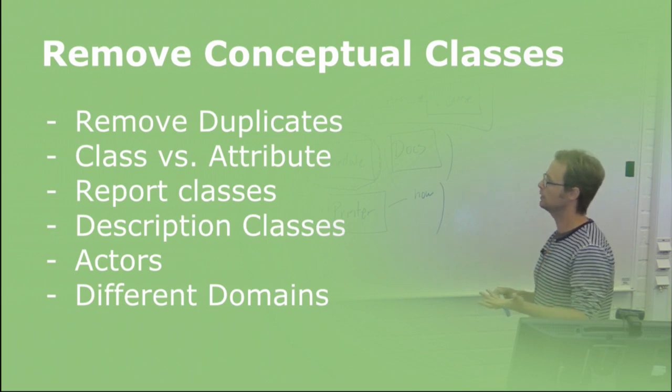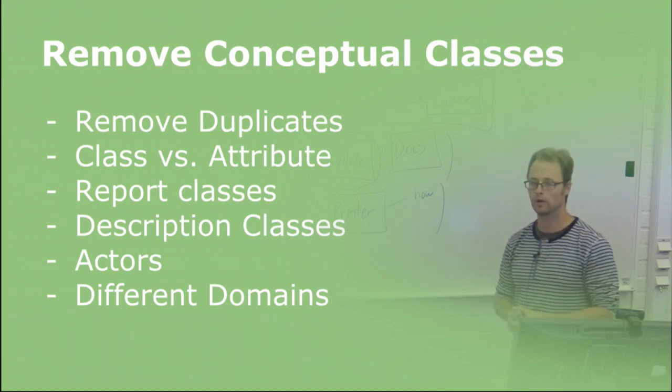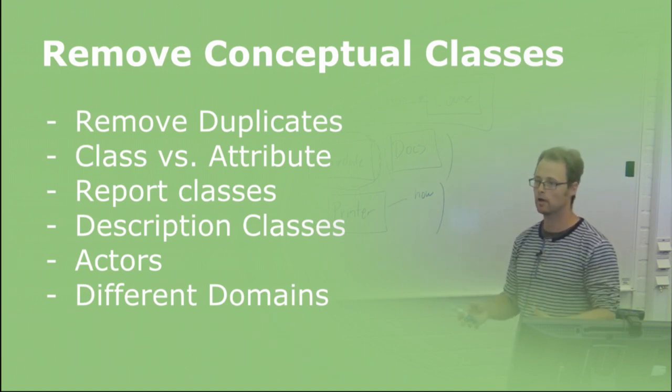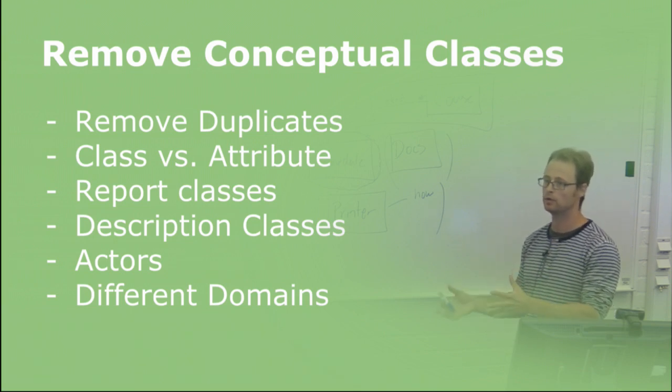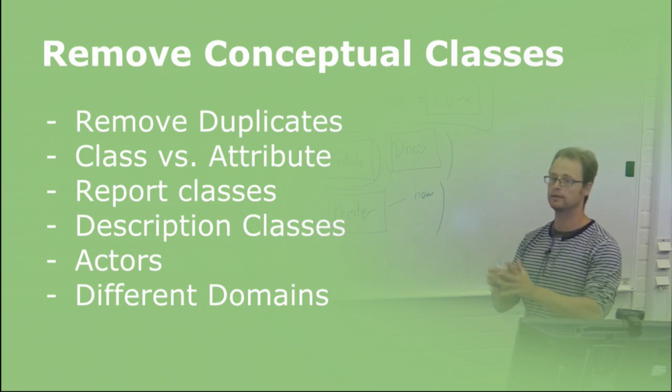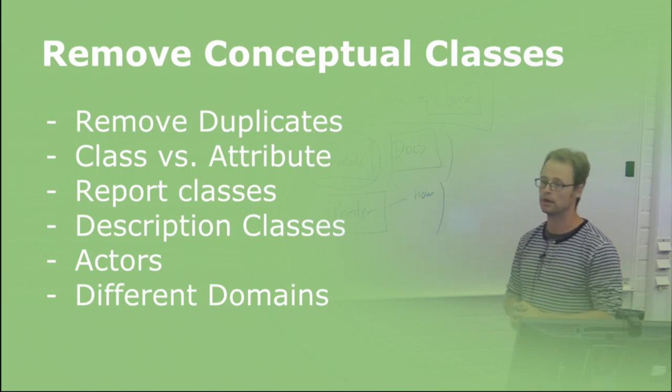But maybe you have other things like the description of the car. You maybe have other types of attributes that are more for the model of the car. So this car model has a description, it has some attributes that are common to all cars of this model. Then you can break this information out from the car object into a description class, in this case maybe a car model class.